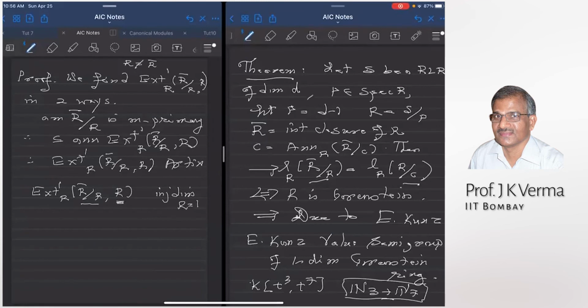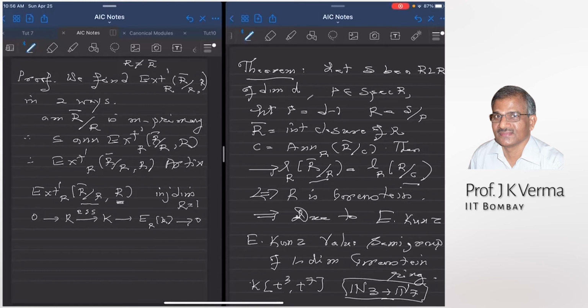Okay, so let us look at the injective resolution first. R is an integral domain of dimension 1, and its quotient field is an injective module. It is a divisible module, so it is injective, and because this is an essential extension, it will embed into the injective hull of the residue field.